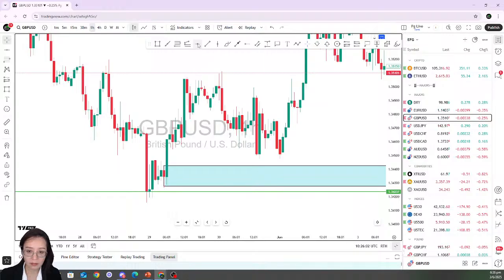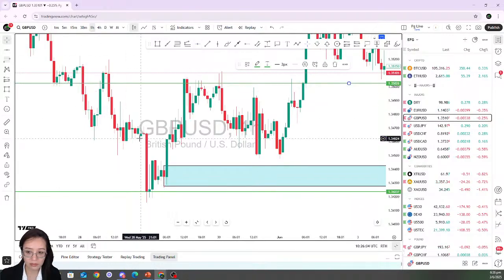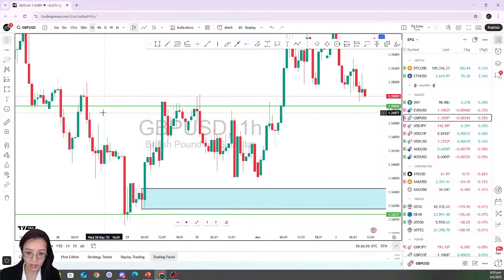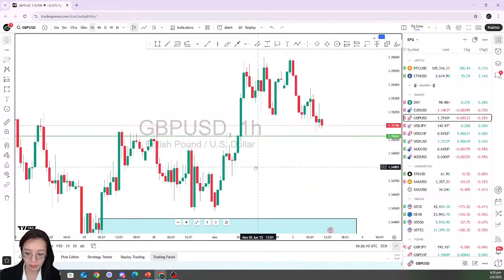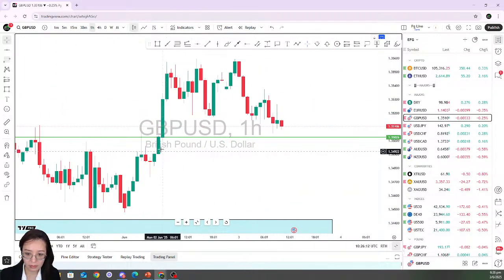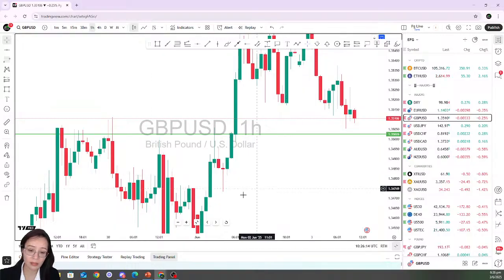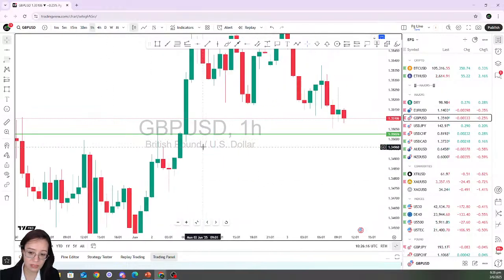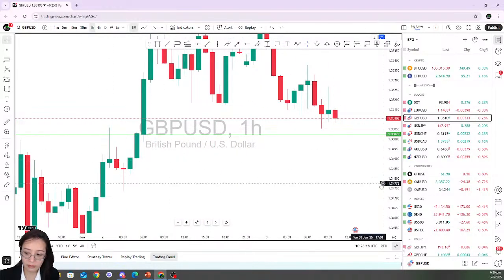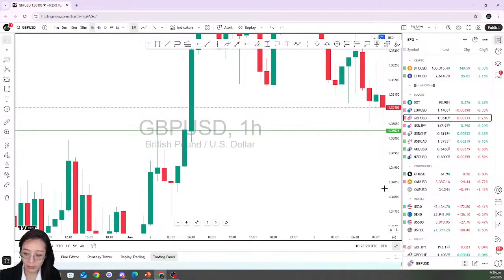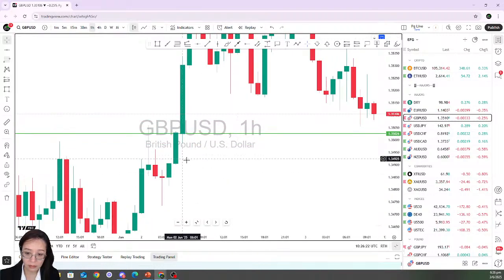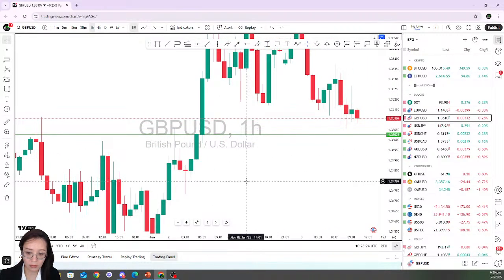Some of you might identify your resistance level somewhere around here, and then price breaks above. Whenever you can see the rejection on this candle, the seller is not interested in selling at this level anymore.